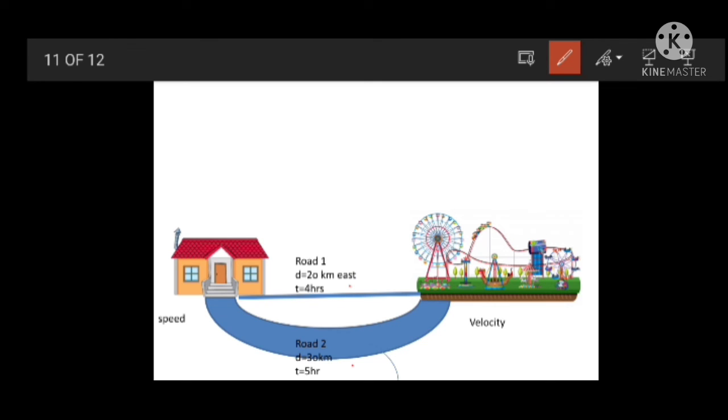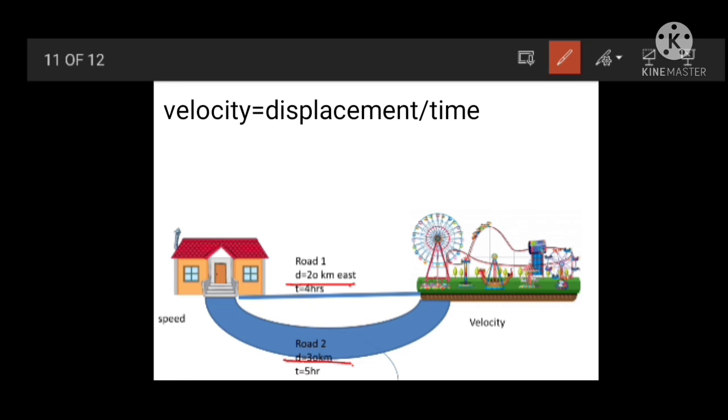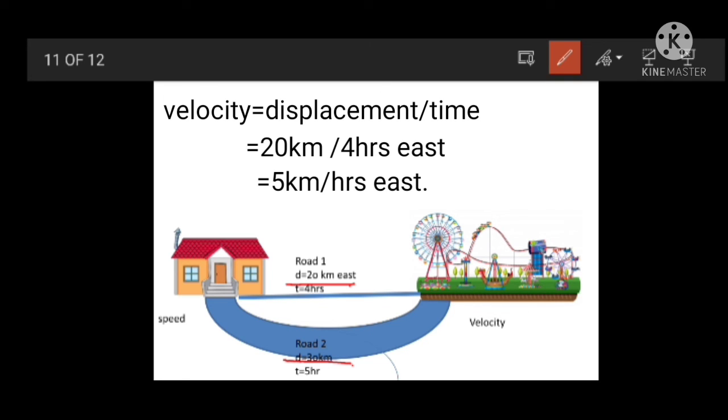So 30 kilometers is the total distance, and the displacement, the shortest distance, is 20 kilometers. So what would be the velocity? Velocity is displacement upon time. So displacement is 20 kilometers east divided by 4 hours. The answer is 5 km per hour east. This 5 km per hour east is your velocity.